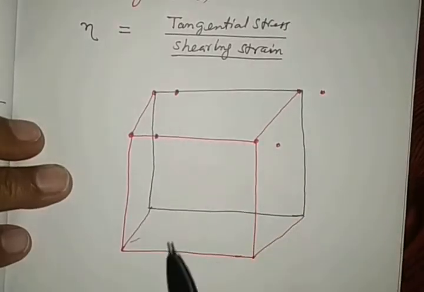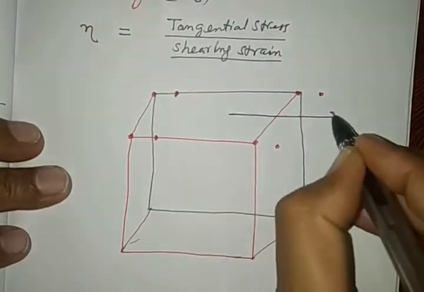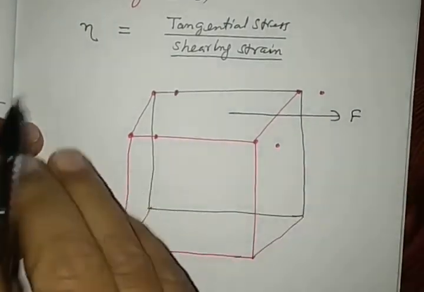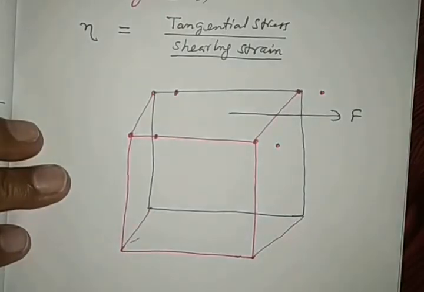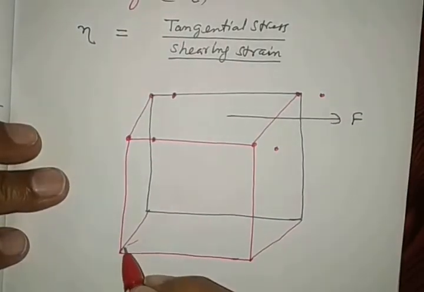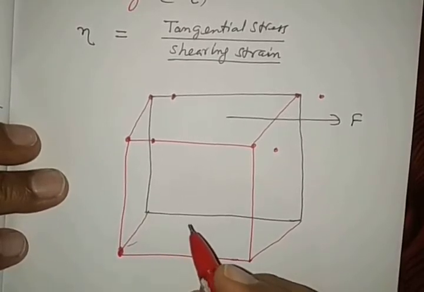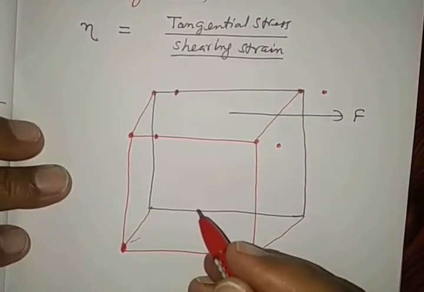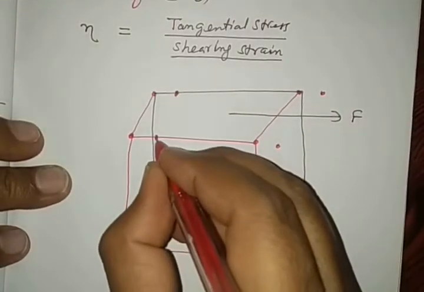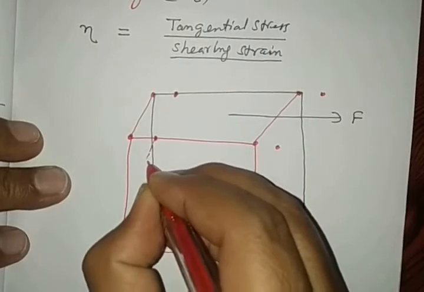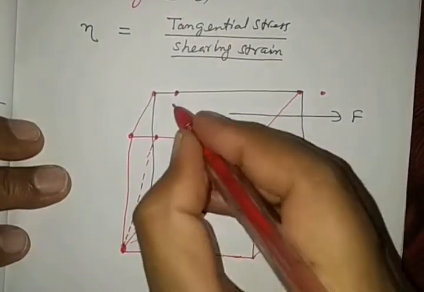See here in the cuboid, let a tangential force F act in this direction. When the tangential force acts in this direction, see very carefully, elongation is produced in this case.